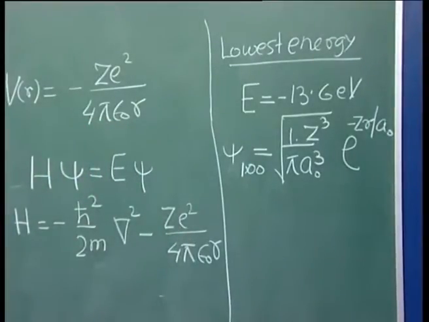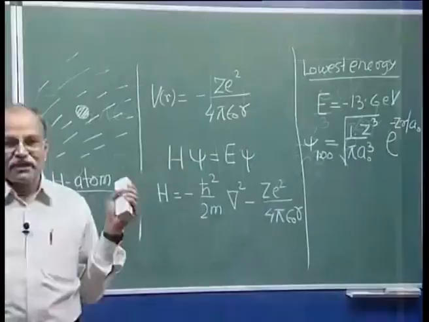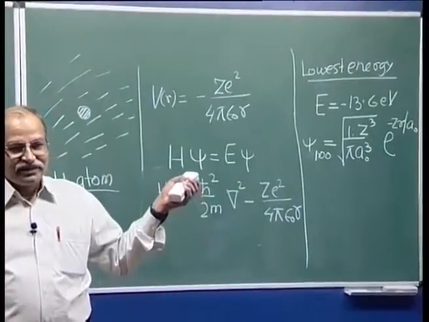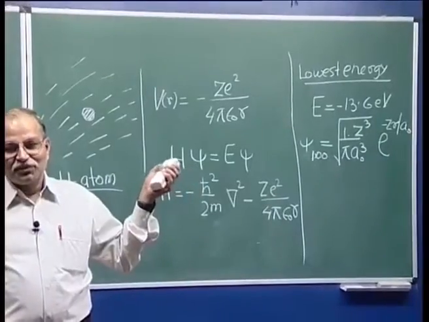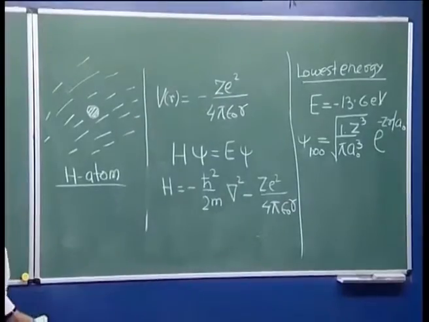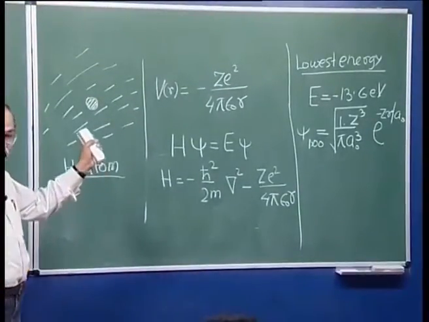What is Z? The number of protons in the nucleus. And what is a naught? The Bohr radius. So, this is the wave function for the lowest energy.